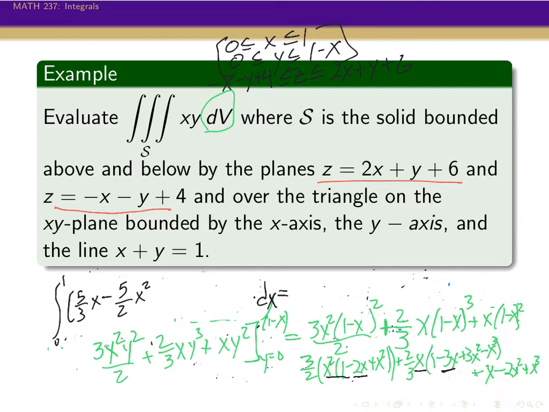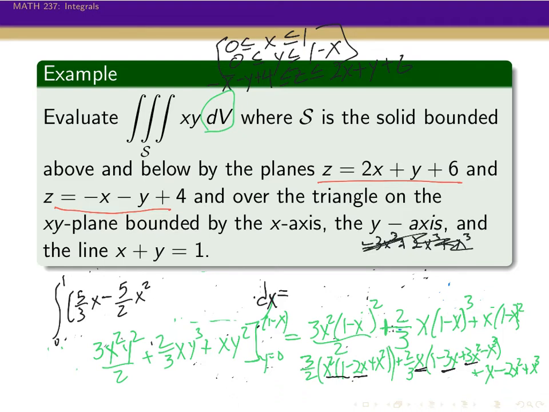Okay, then for my x cubes, I have minus 3x cubed. Let's keep a little tally here. Minus 3x cubed plus 2x cubed plus another x cubed. The x cubes, it looks like they all cancel themselves out, and so that's going to be no x cubes.